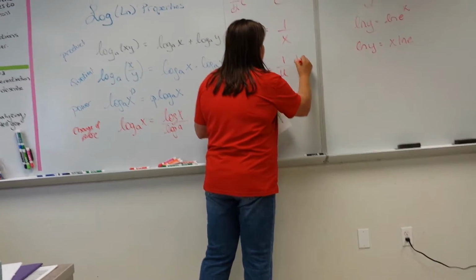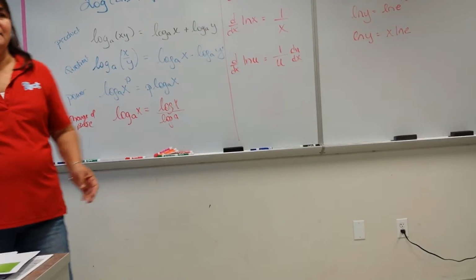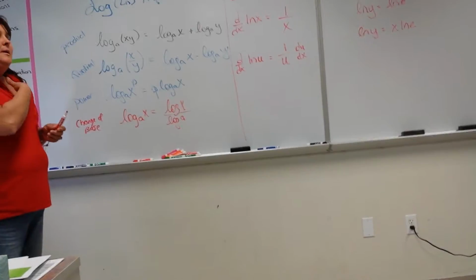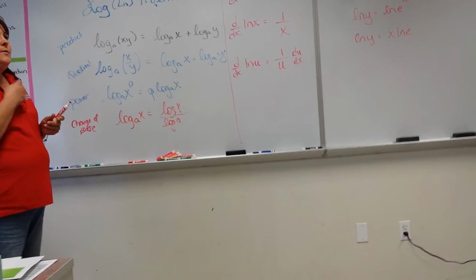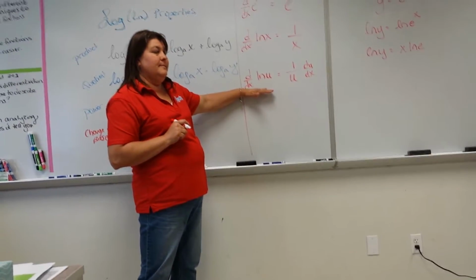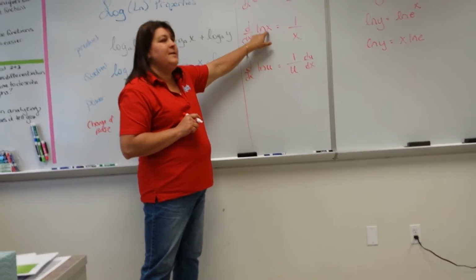Times du over dx. Let me have you soak it in for a second. What does u correspond to? Let's compare. What's the difference between this and this? There's a u. So that means it's any other thing than x.